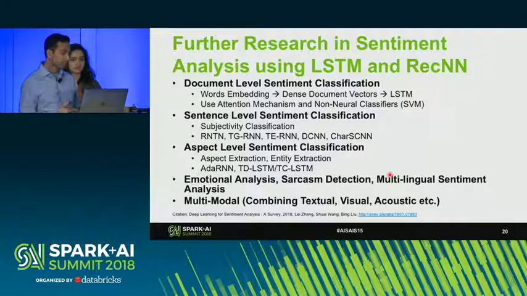Some of the other research areas which people are exploring are emotion analysis, sarcasm detection, and multilingual, cross-lingual sentiment analysis models, again using LSTMs, bidirectional RNNs, and deep bidirectional RNNs. And finally, multimodal is also a research area where people are trying to combine textual, acoustic, and visual data. So again, using multiple LSTMs.